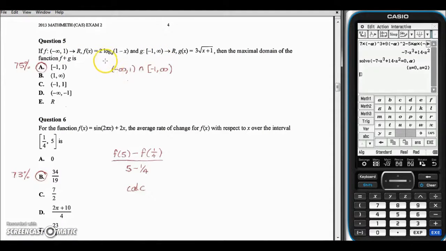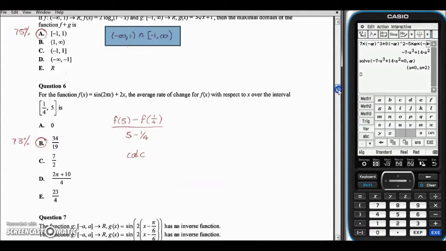So the set of all numbers that are contained within those two sets. A set containing numbers that are in both would have to be -1 to 1. So that was A. Most people got that right, which is good.